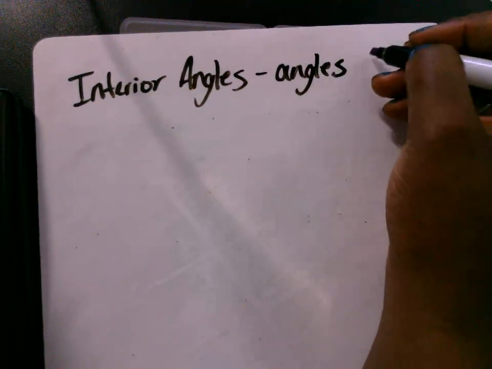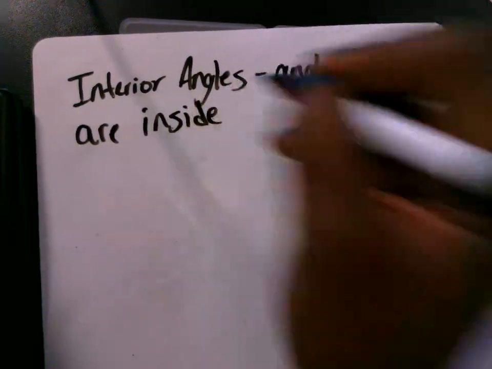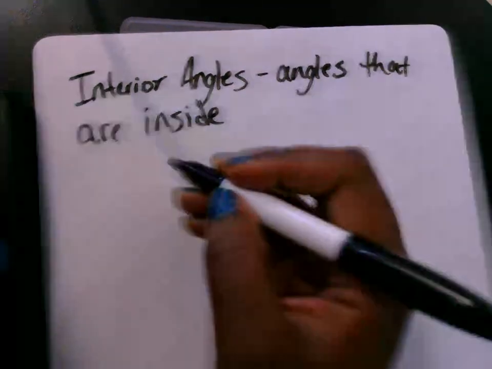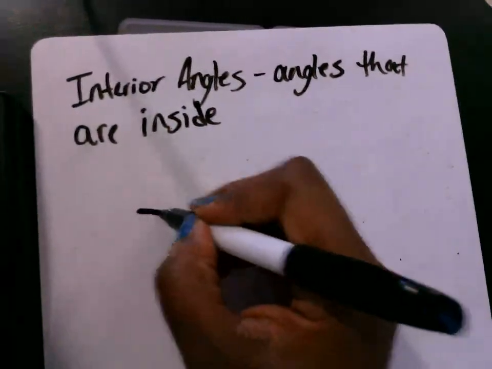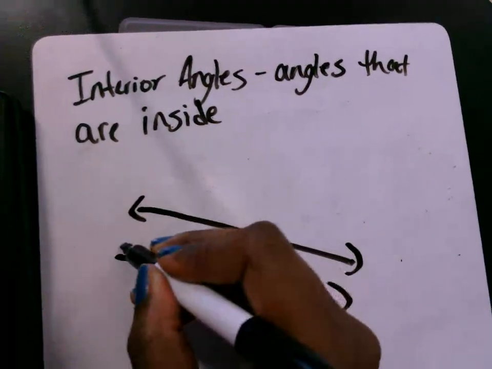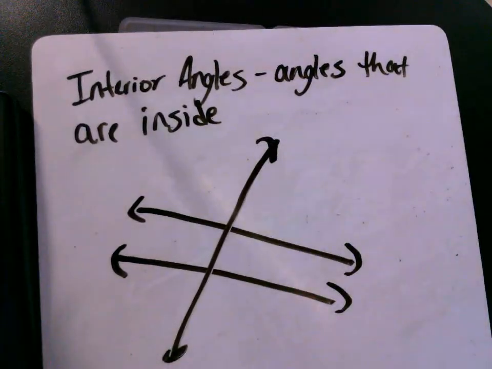Angles on the inside. They could be on the inside of parallel lines, on the inside of an object. But these are angles that are on the inside. So let's suppose that we have 2 parallel lines going this way, cut by a transversal T, a line that cuts a pair of parallel lines.